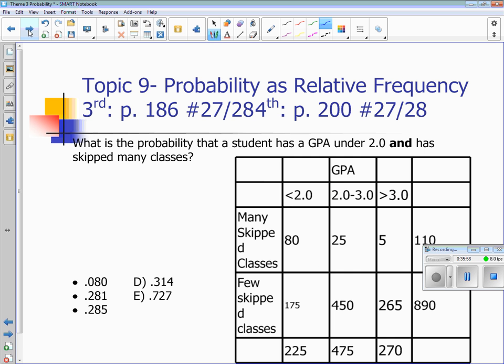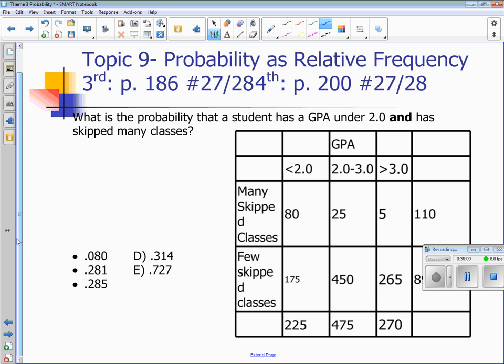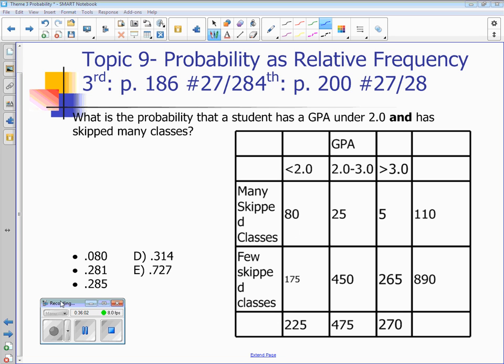All right. We're back to this question. So what is the probability that a student has a GPA under 2.0 and has skipped many classes? Well, isn't that just 80 divided by the total? What was the total? 1,000.